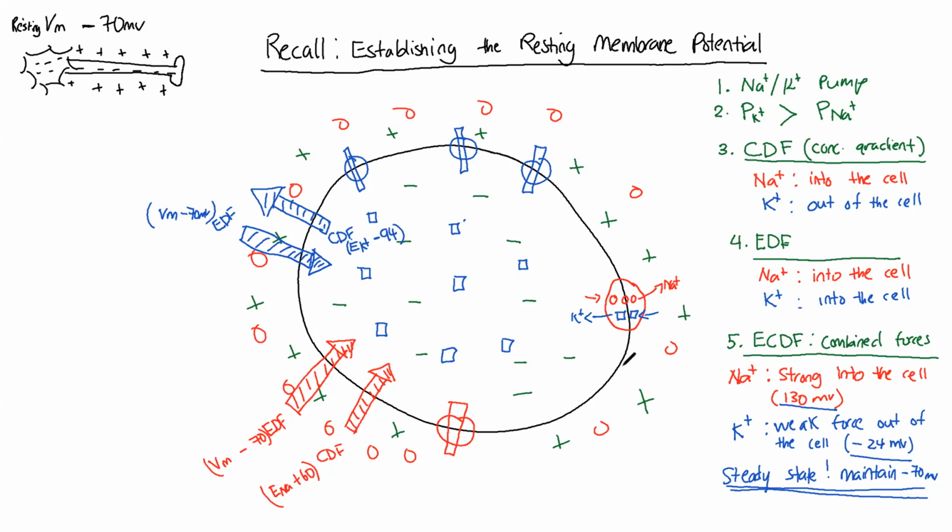So we'll talk about other types of sodium channels that are not leak channels that can then manipulate the membrane potential and therefore excite the cell, which is called an action potential, right? So the basis of understanding this is to build upon this and then speak about how we can excite this cell and generate an action potential.